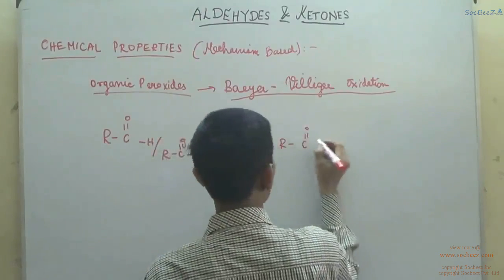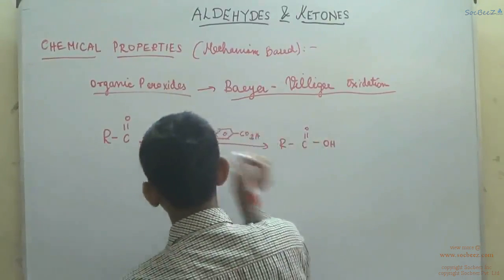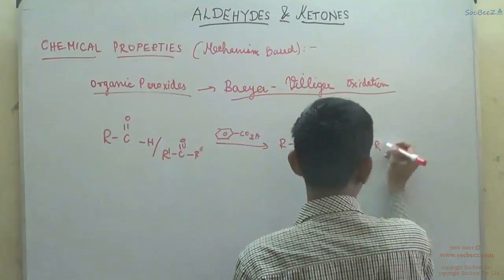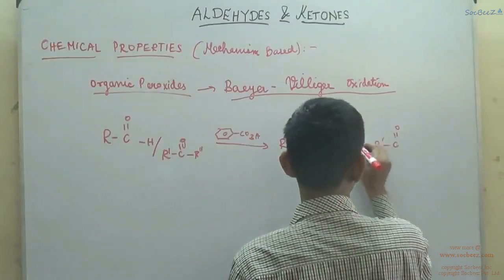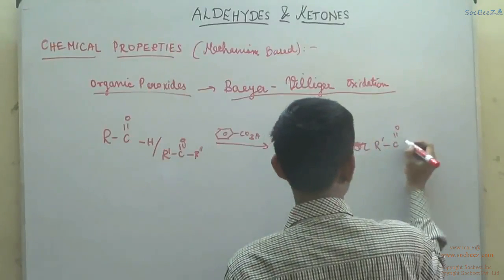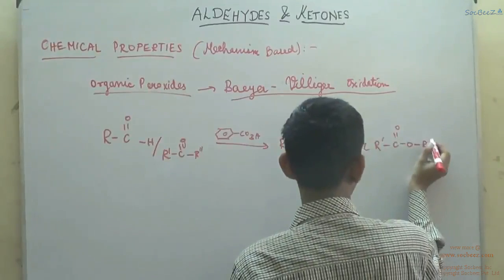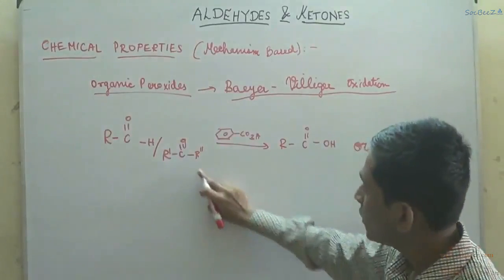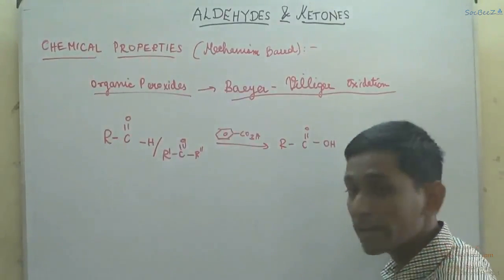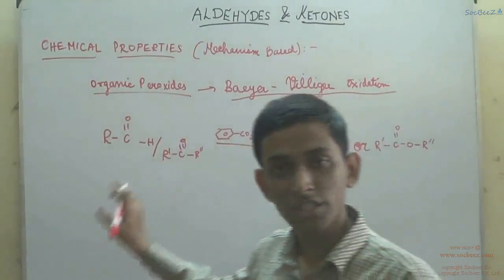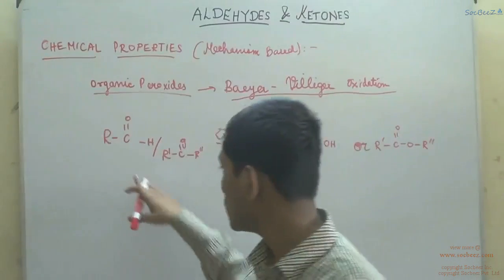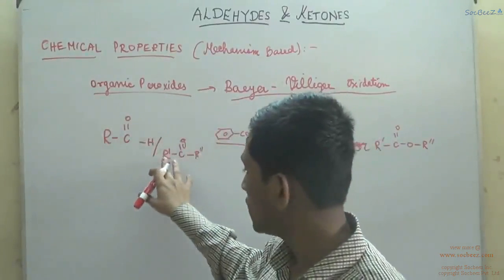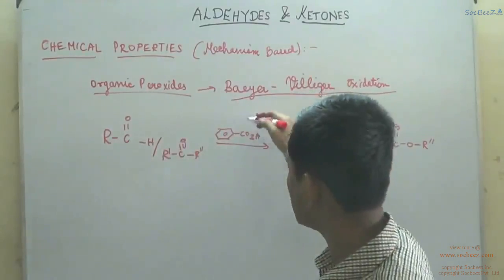Let me write R dash for understanding purpose. If you take an aldehyde, you will get the corresponding carboxylic acid. If you take a ketone, you will get the corresponding ester by Baeyer-Villiger oxidation. So if you use an aldehyde, you get an acid. If you use a ketone, you get an ester. The peracid is the reagent.